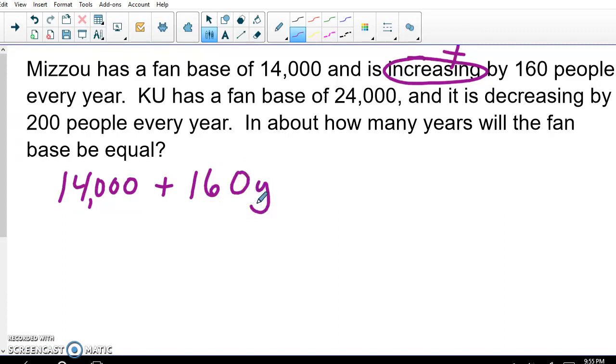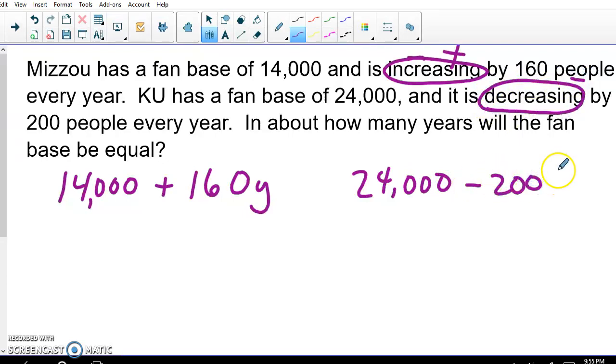I also know that KU has a fan base of 24,000, but their fan base is decreasing, so I'm going to subtract by 200 people every year. If I want to know when these two fan bases will be equal, I can put them equal to each other in an equation. Now I'm going to combine or collect like terms.